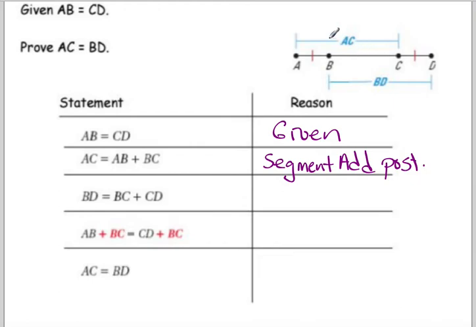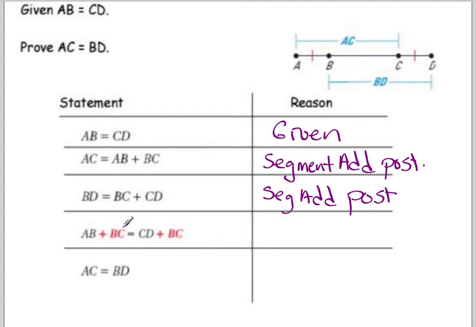Adding two small segments to say that they make a bigger segment, segment addition postulate. It's different from just addition because you're saying the one is made up of those two items. BD is created by BC and CD, and that's also segment addition postulate. This is how I usually abbreviate that, seg add post, segment addition postulate.